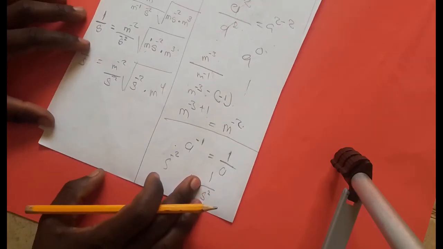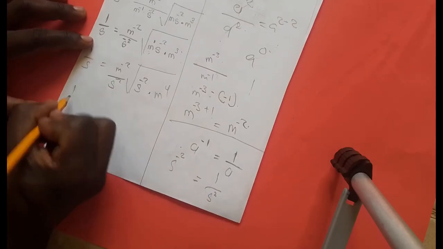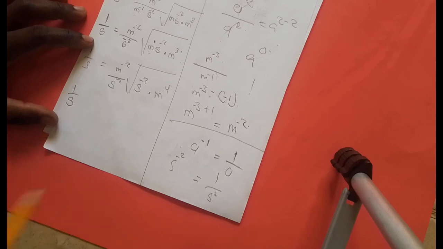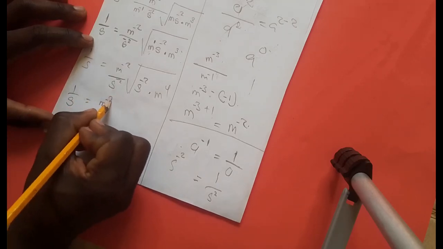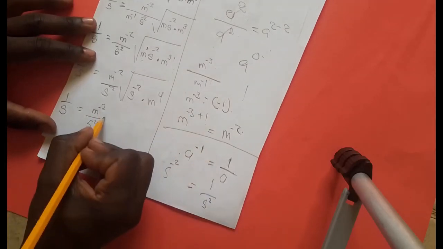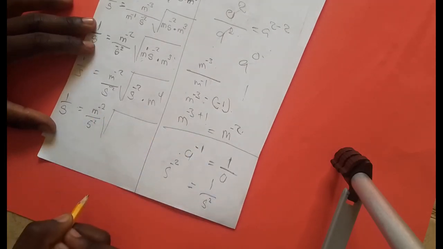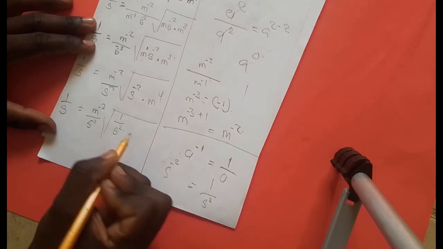Okay, so let's go further down with the equation. 1 over s, the left hand side of the equation remaining the same, is equal to m to the power negative 2 over s to the power negative 2, under the root of 1 over s to the power 2.